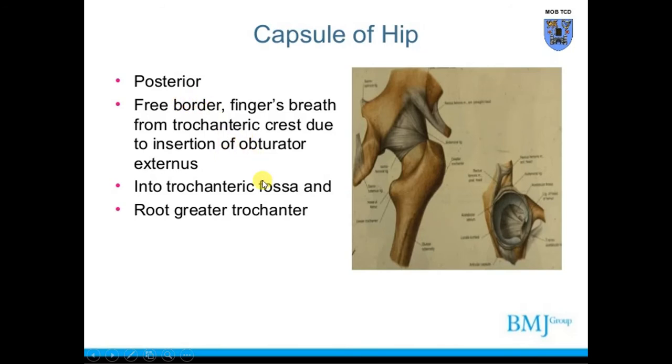There is a free border into the trochanteric fossa and the root of the greater trochanter. The muscle is attached to the trochanteric fossa. That's why there has to be a gap, a free border posteriorly, for the attachment of that muscle.